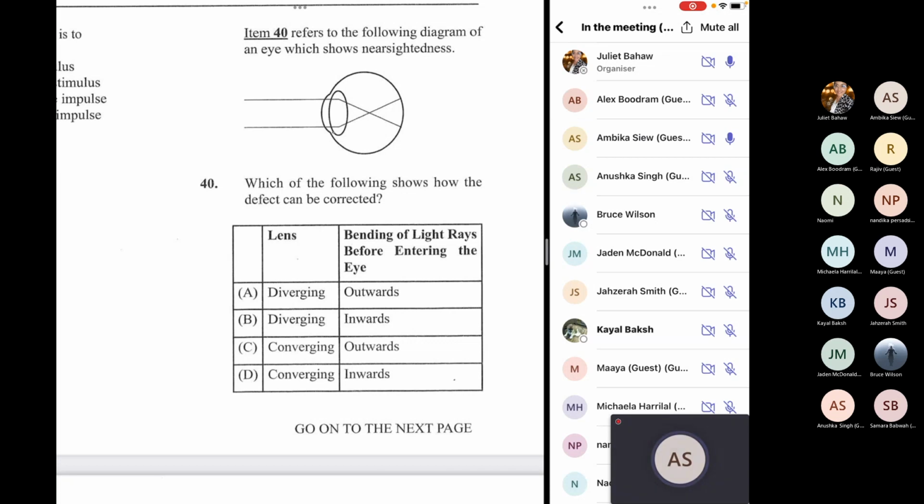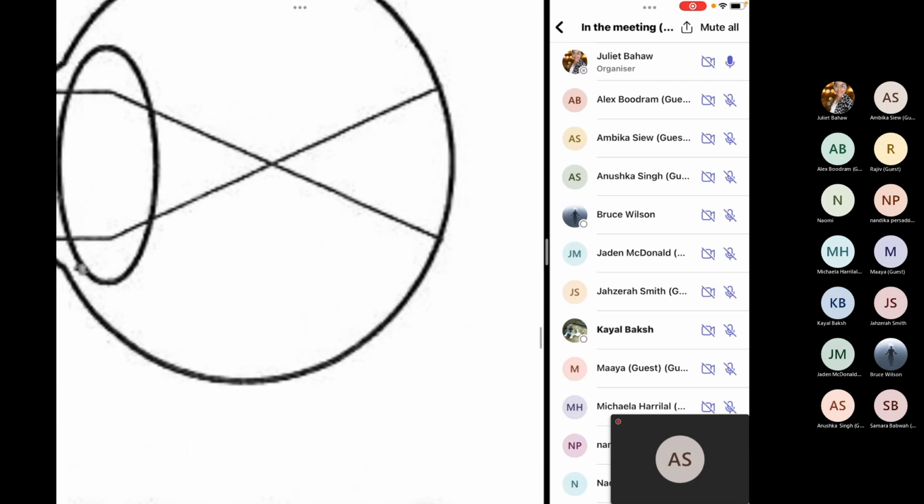Now you have to look at the diagram. Where is light? Where did light focus? Okay, seeing light entering the pupil, you're seeing it being refracted more than it should. The light's supposed to land on the retina, but you see where it crosses. When the light rays cross, that is where it forms the image.